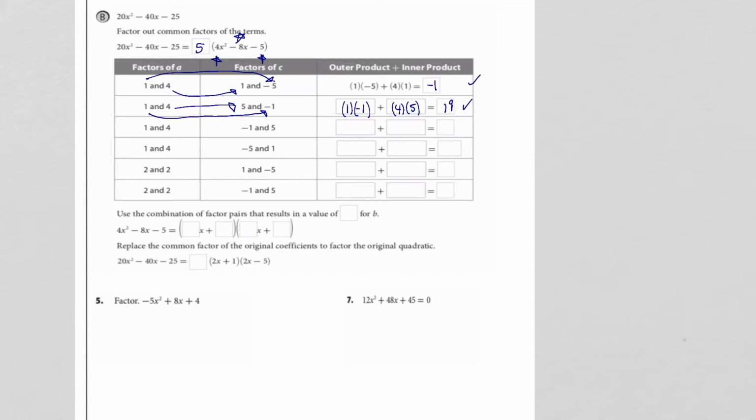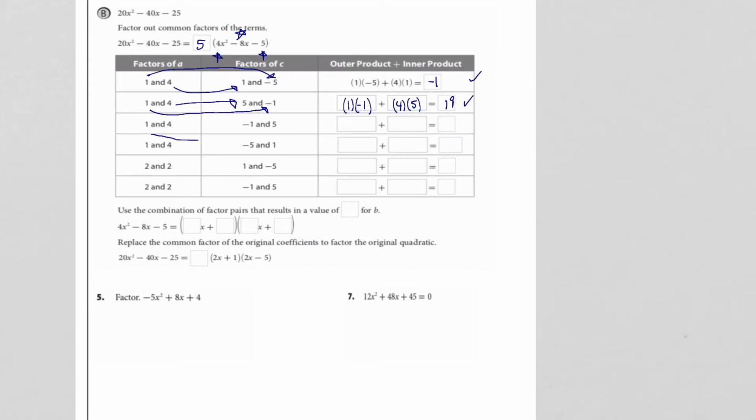So let's keep trying. Let's try 1 and a positive 5, and 4 and a negative 1. So we get negative 4 plus 5, which is positive 1. And again, that's not negative 8. So that doesn't work either.